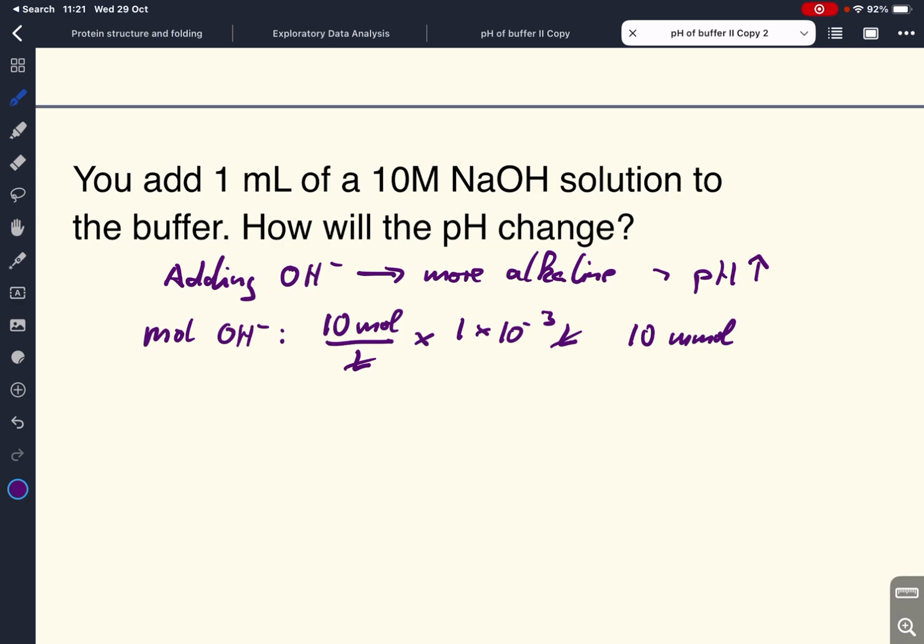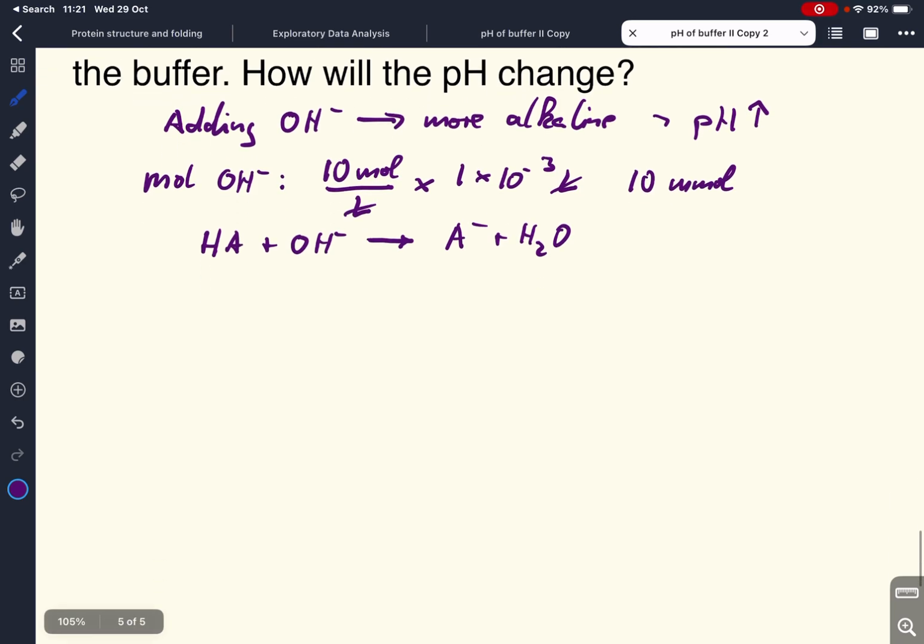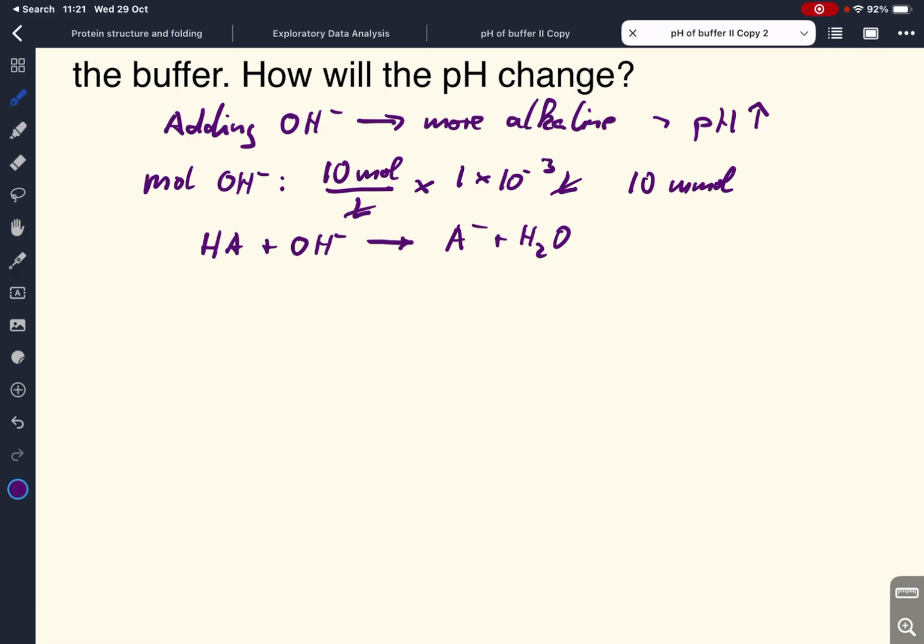Now we know that the HA plus OH minus will be neutralized, and we get A minus plus H2O. So what we can do, like we did in the previous example, is we can say, okay, we've got HA, that was our starting, and we had 1 millimole.